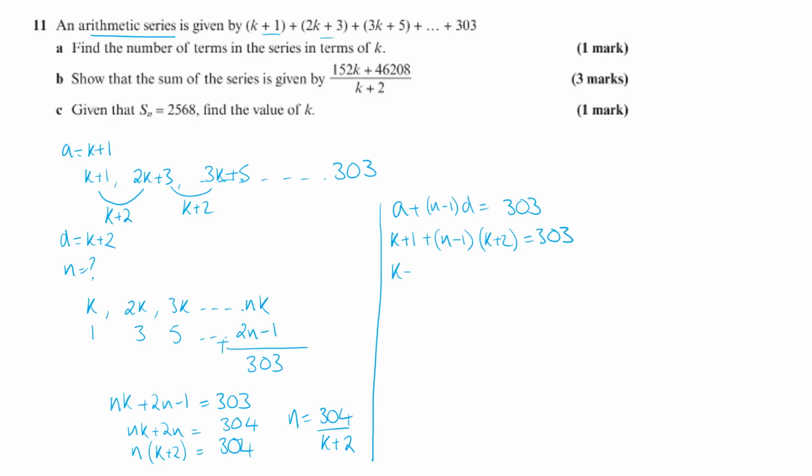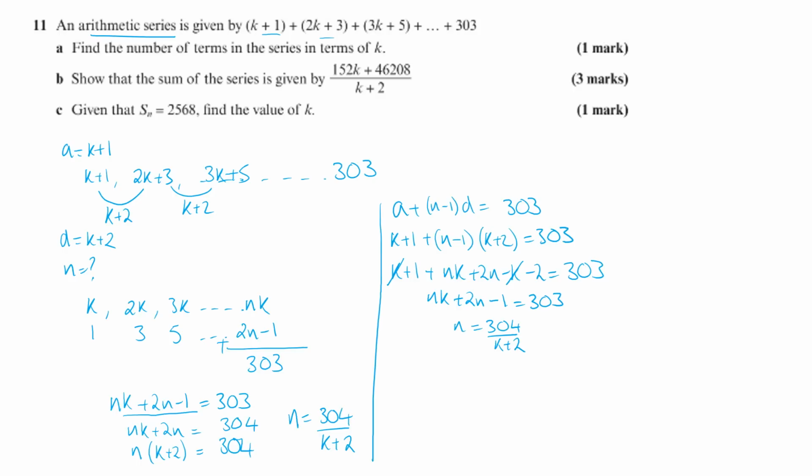So multiplying those two brackets together, you're going to get nk plus 2n minus k minus 2 is 303, and then adding them all up, you've got a plus k and a minus k, so they will cancel. You'll have the nk plus the 2n, but then minus 1 is 303, which is exactly what we got down here. So that's also going to give us that n is 304 over k plus 2.